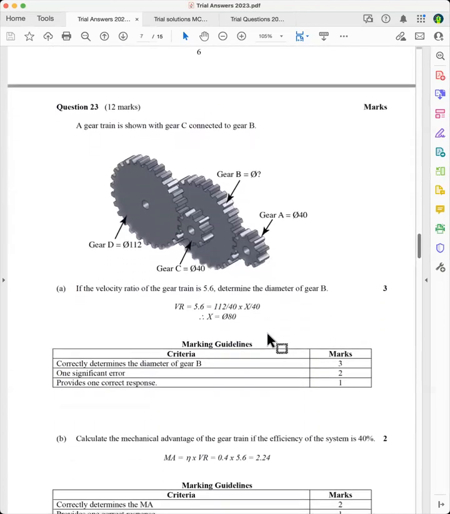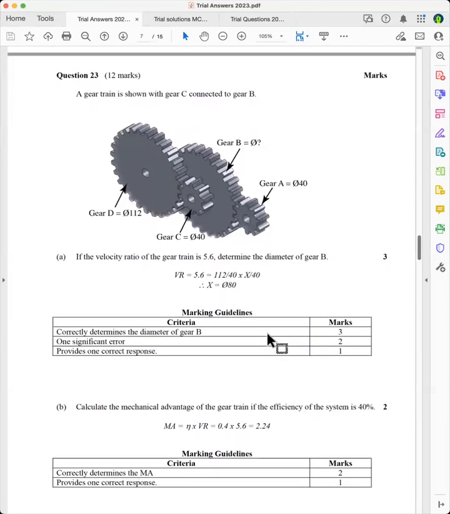This one gave students a lot of grief, and I'll just go through it slowly. Remember, to get the velocity ratio, you can use diameter or you can use the number of teeth. You can use radius as well. And so to get the velocity ratio of this gear assembly, you do it in reverse so that you can see that this little gear will go much faster than this gear. This is the driver gear, and this is the driven gear, we'll say.